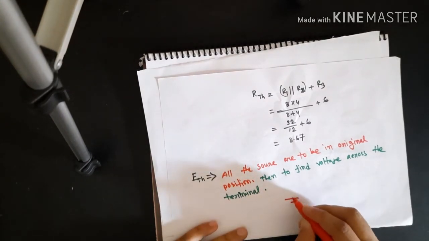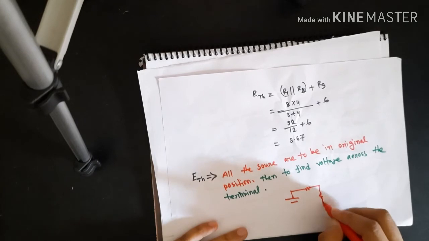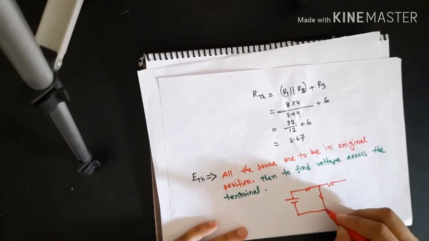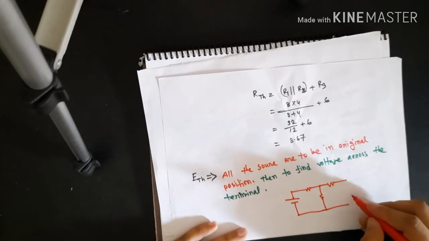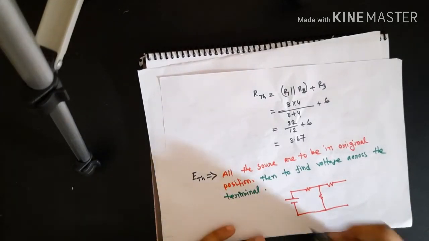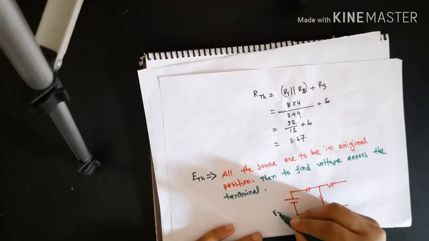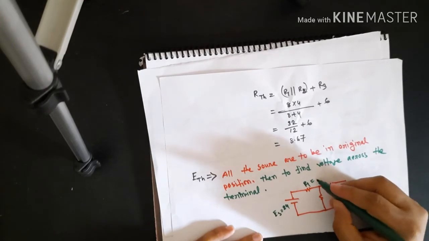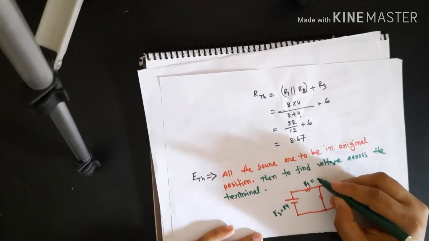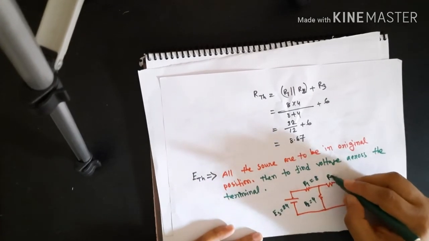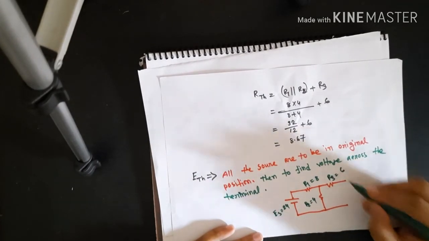So the voltage between the two terminals is exactly equal to the voltage across the R2 resistance. Here you can see Es is equal to 24, R1 is equal to 8 ohm, R2 is equal to 4 ohm, and R3 is equal to 6 ohm.